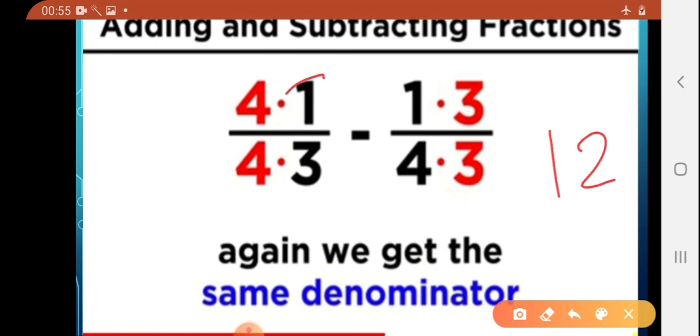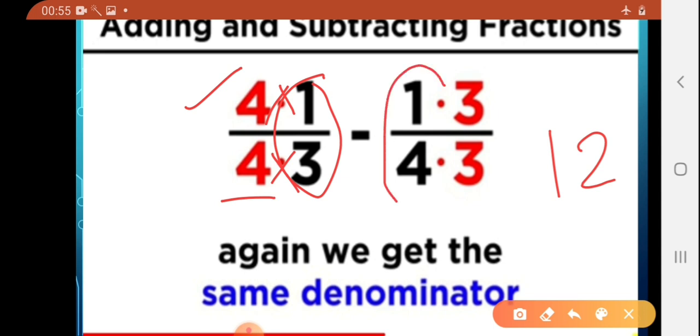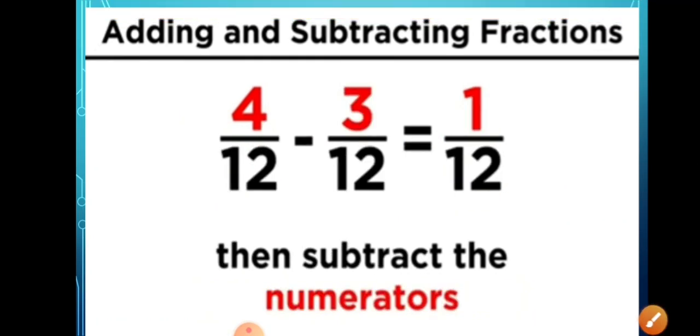So 1 upon 3, we multiply by 4 in the numerator and denominator. 1 upon 4, we multiply by 3, both up and down. So it will come 4 upon 12 minus 3 upon 12, and the answer will be 1 upon 12. In subtraction also, if the denominator is same, you will simply subtract the numerators.